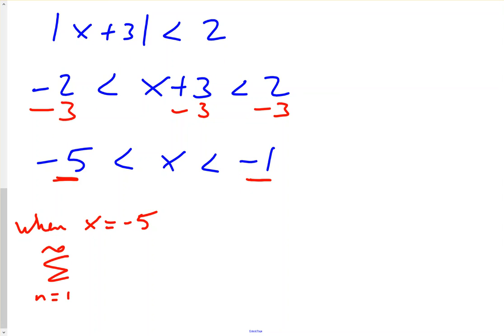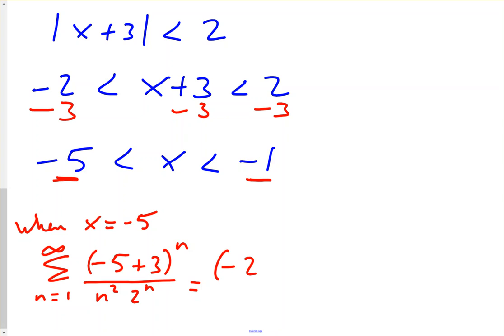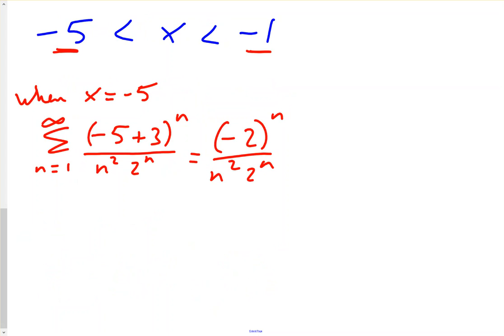When n equals 1 to infinity, we plug in negative 5 for x. Negative 5 plus 3 to the n over n squared times 2 to the n. Okay, this simplifies. Negative 5 plus 3 is negative 2 to the n over n squared 2 to the n.